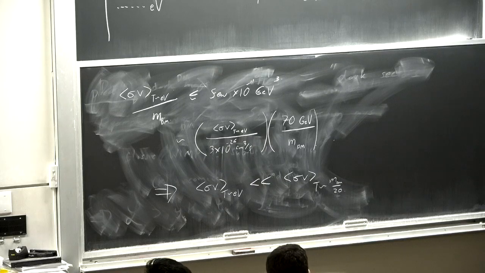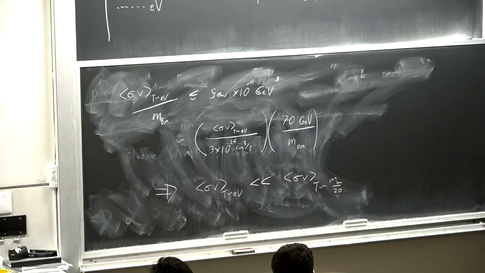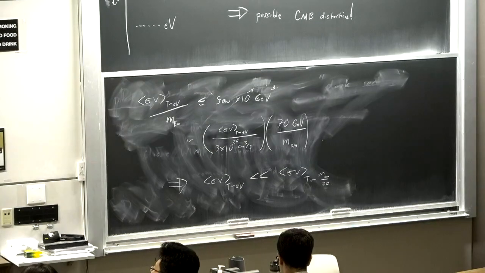Now there's a third important point about light thermal relics, which is that if you're not careful, or if the sector is not careful, unless it has some indirect way of depleting its entropy, the annihilation rate or its cross-section for getting back to the standard model can easily end up being too small.